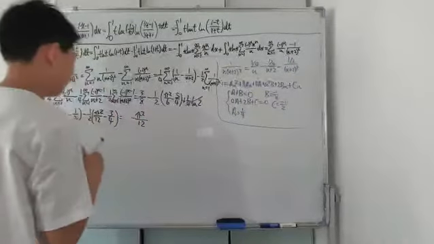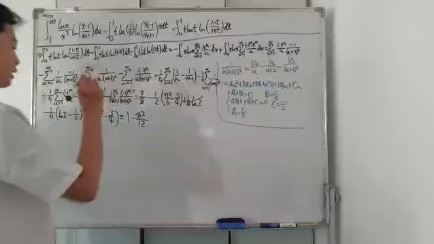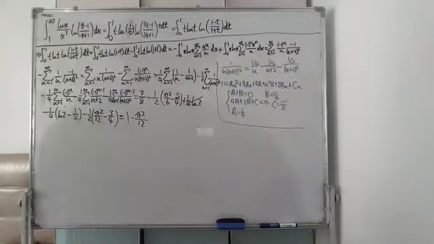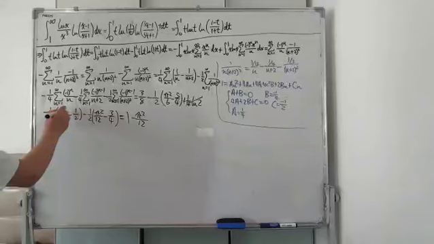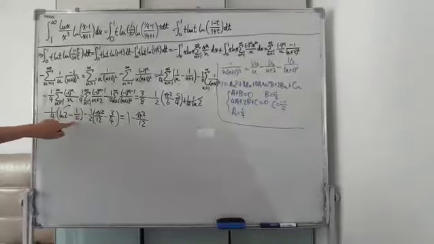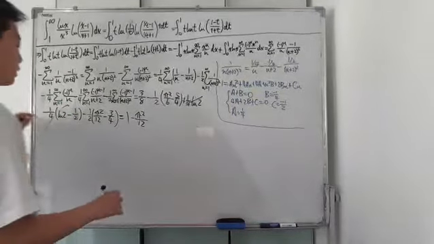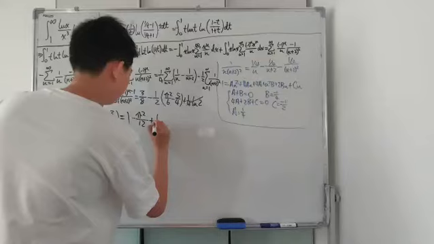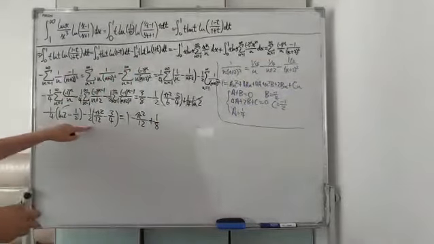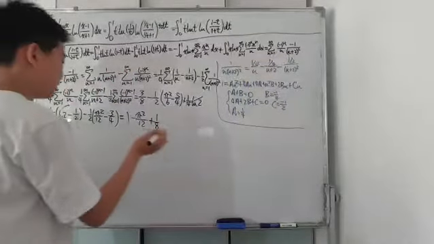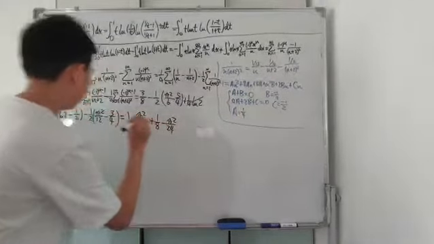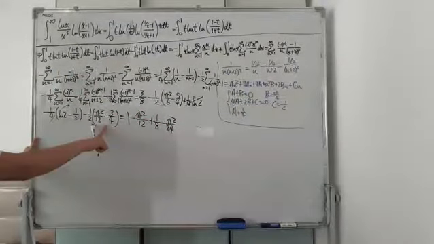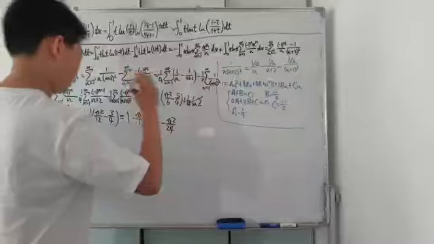So 1 here, minus pi squared over 12, and then plus 1/4 natural log of 2, minus 1/4 natural log of 2, so that cancels. Minus, I mean positive 1/8. That's cool. And then for this term, it's going to be minus pi squared over 24. And then minus is going to be positive, and this is going to be 3/8.